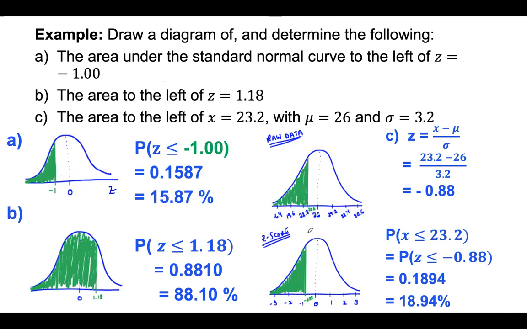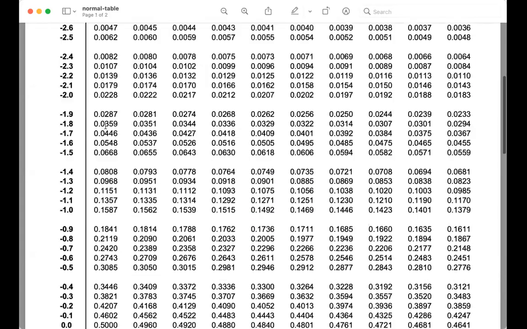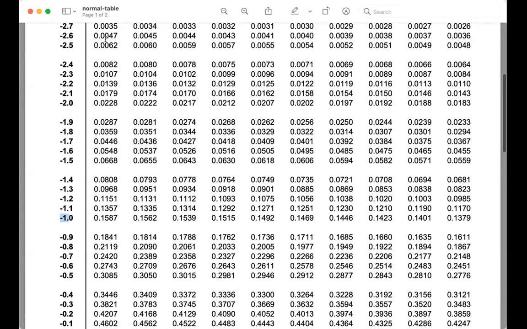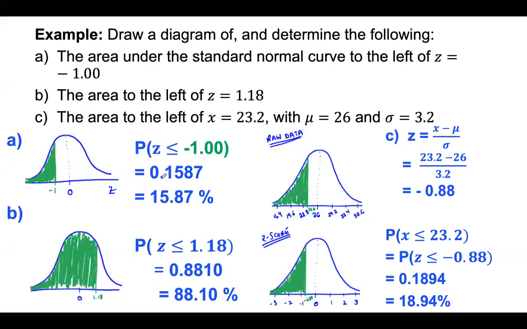It's negative, so it's in the first part of the table, -1.0, and then 0 is 0.1587. We multiply it by 100 and we get 15.87%.